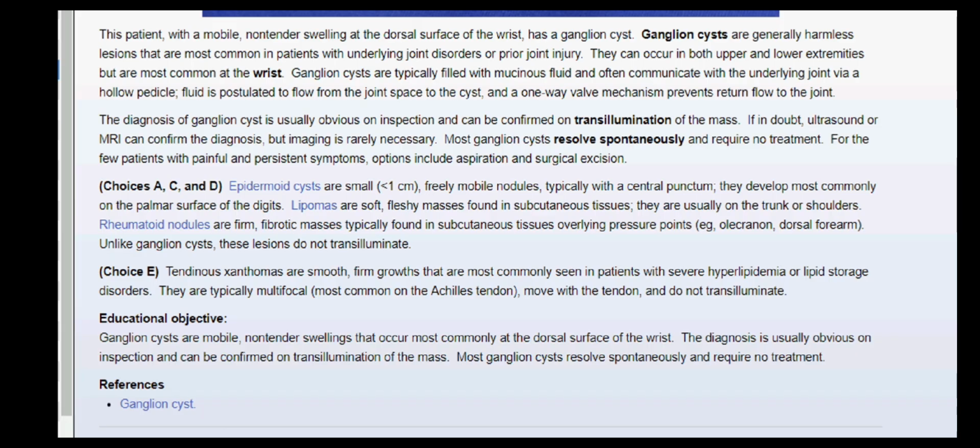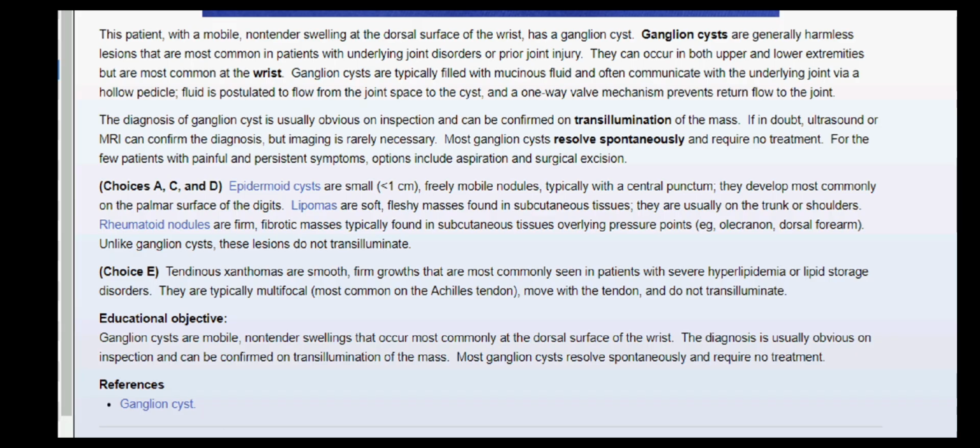Lipoma, no, because we will see it in subcutaneous tissues, not here. We see it on the trunk, shoulders, etc. About RA, no, because RA nodules are on the olecranon or dorsal forearm, and they do not transilluminate. Xanthomas also do not transilluminate. Transillumination is very important.